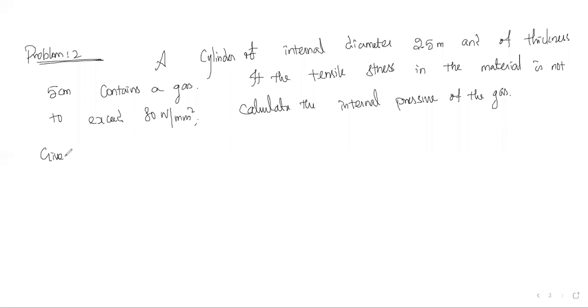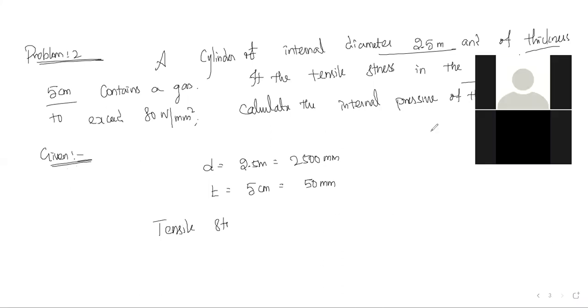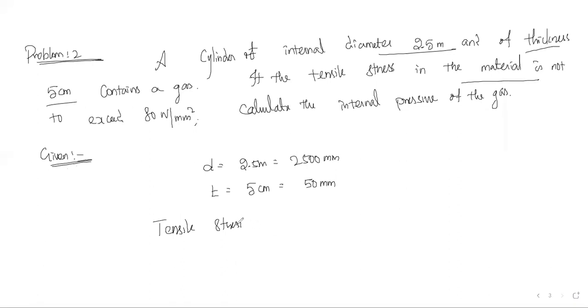So here the given data: internal diameter d equal to 2.5 meter, that is 2500 mm. The thickness of wall is 5 centimeter, so t is equal to 50 mm. If the tensile stress of the material is not to exceed 80 Newton per mm square, then calculate the pressure intensity.